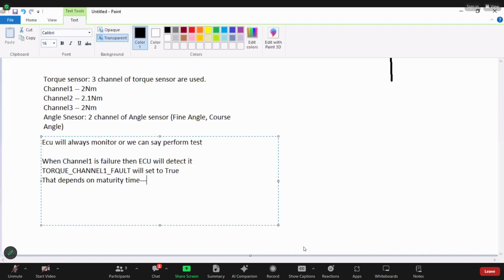Understood? So the maturity time will be considered as 0 millisecond. Whenever a critical fault is detected, immediately the DTC will be stored in the memory. Guys, have you understood?